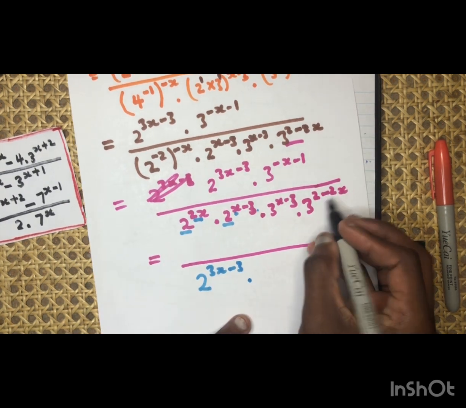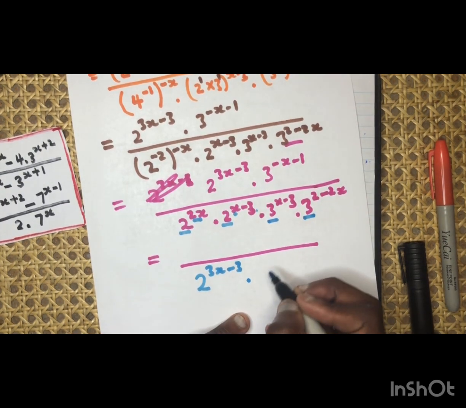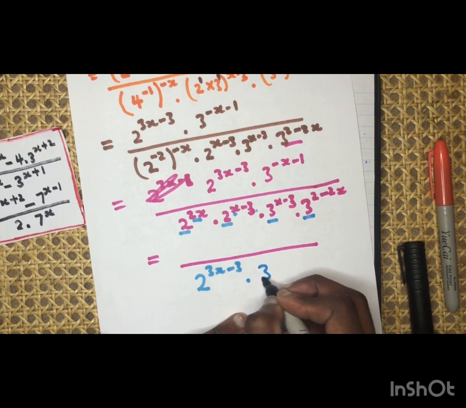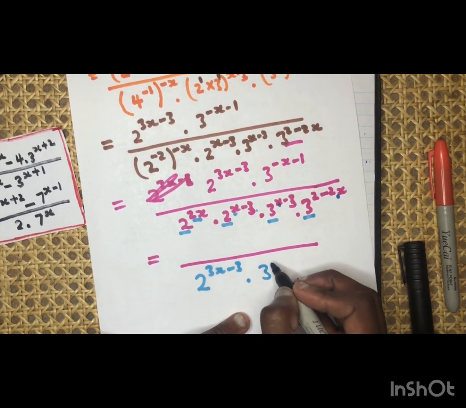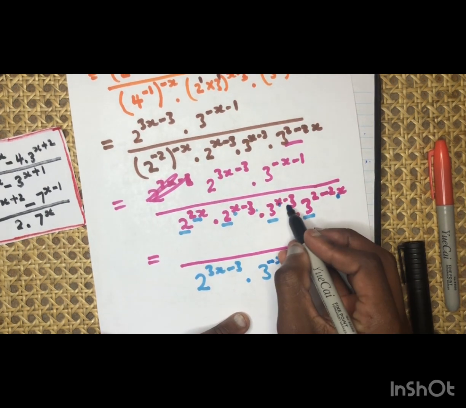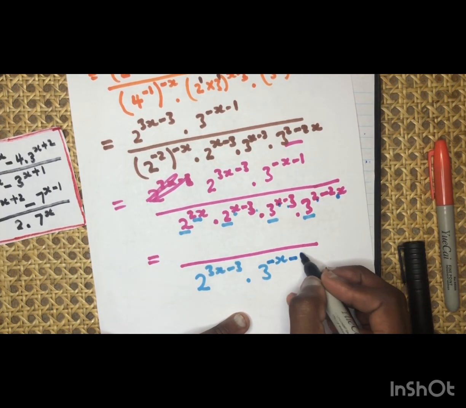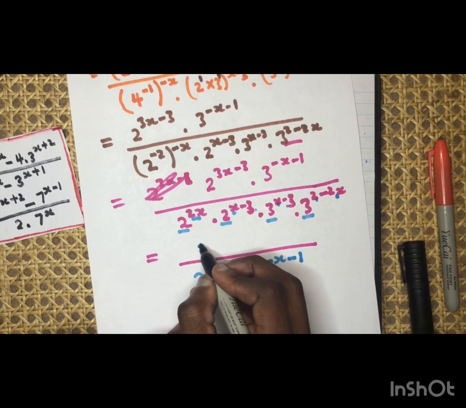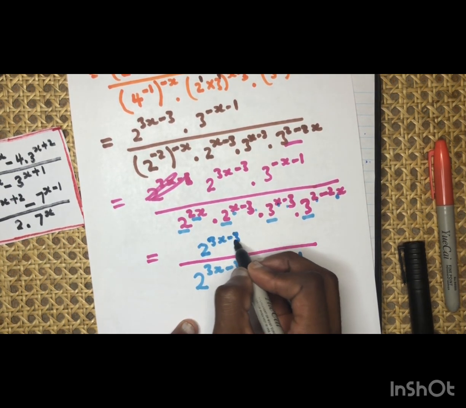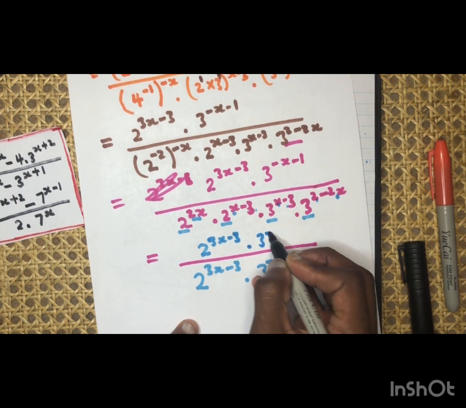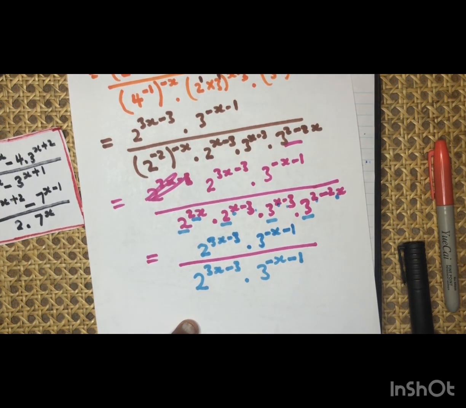Here again with 3, the bases are the same, so I'm going to take one base and add the exponents. So x minus 2x, what do we get? It's minus x. Minus 3 plus 2, we get minus 1. So on top we have 2 to the power 3x minus 3 times 3 to minus x minus 1.